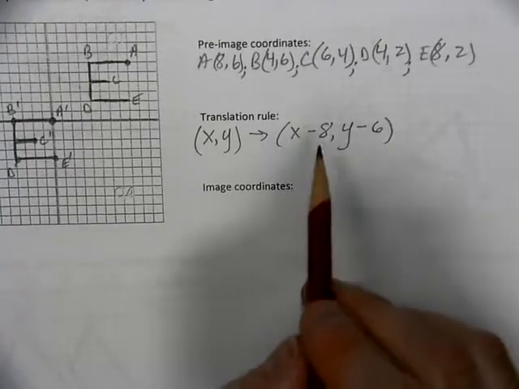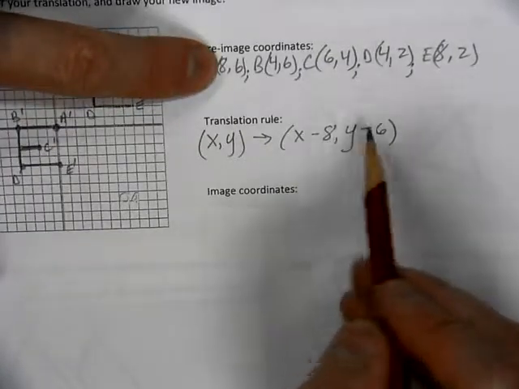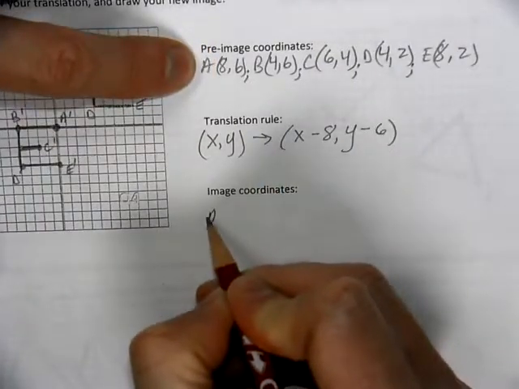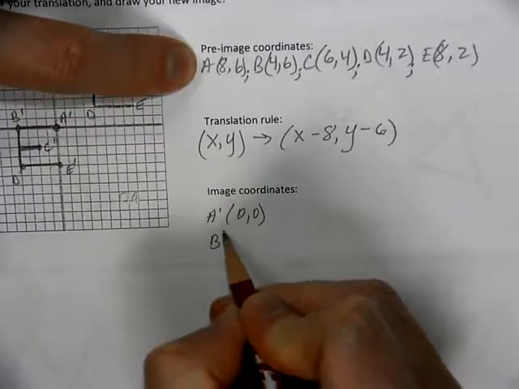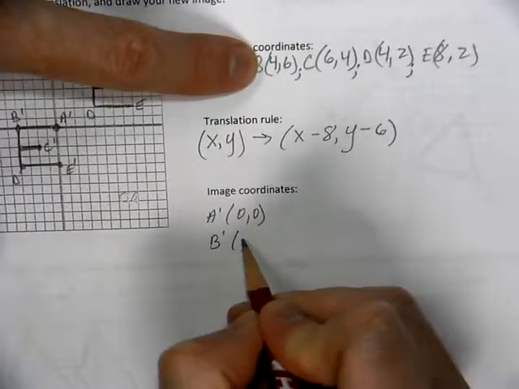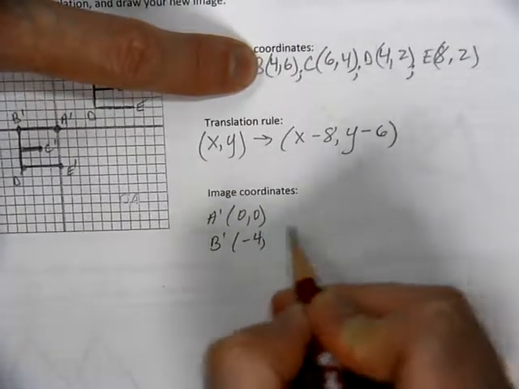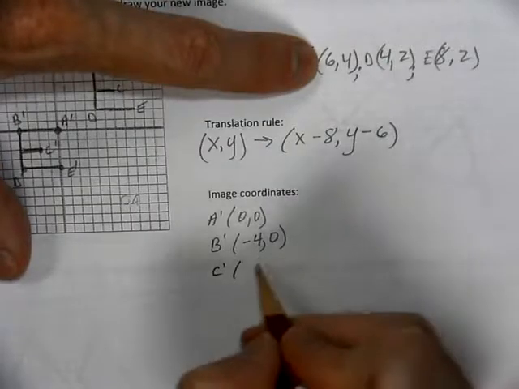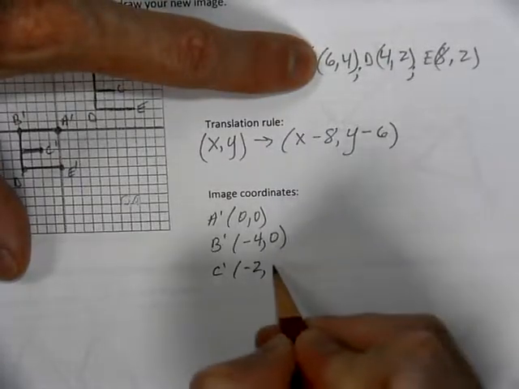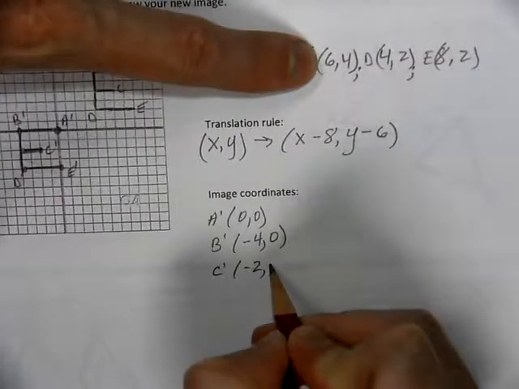So the new images are all going to be translated over. So A prime is going to be at 0, 0. B prime is going to be at -4, 0. C prime is going to be at -2, -2.